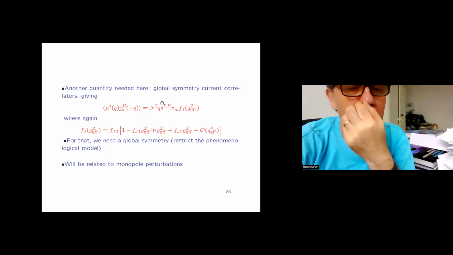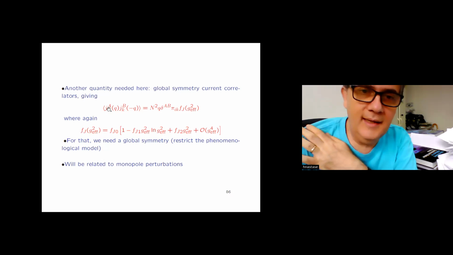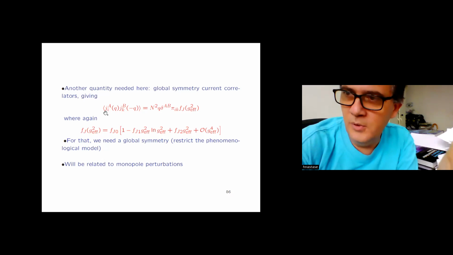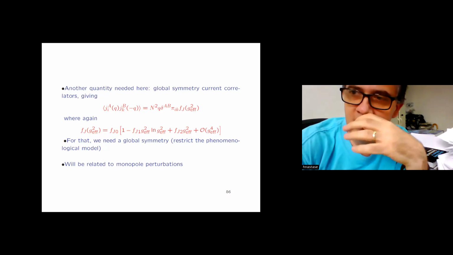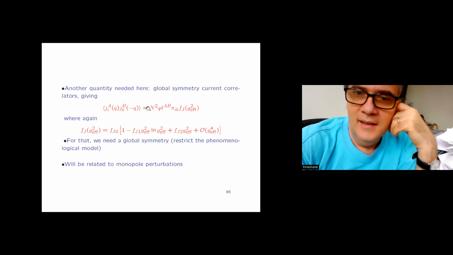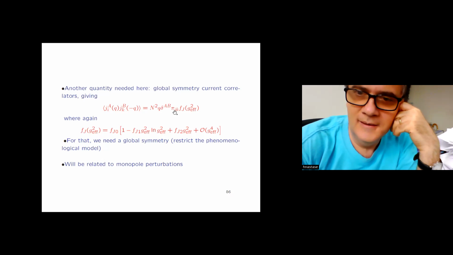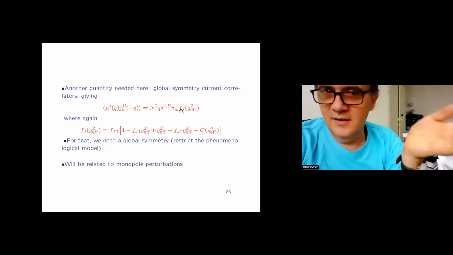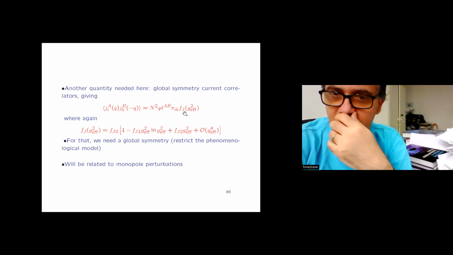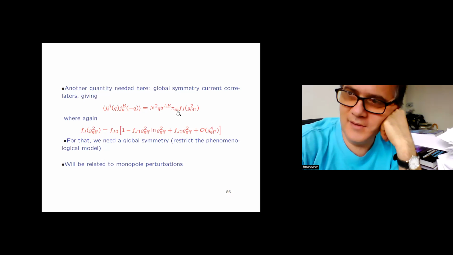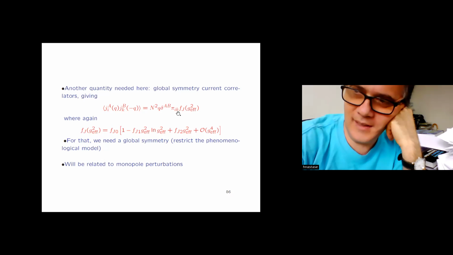If I have some global symmetry current J^i_A, the 2-point function of the current, like the 2-point function of the energy momentum tensor, is written as a function of the effective coupling times a tensor structure. The tensor structure now is much simpler. It's just delta_ik minus q_i q_k over q squared.